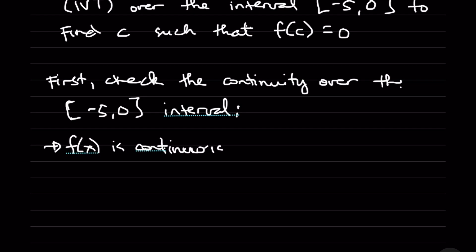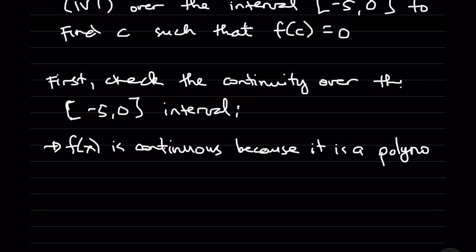So you take note that the function is a polynomial, therefore it is continuous because a polynomial function is automatically continuous at every point.